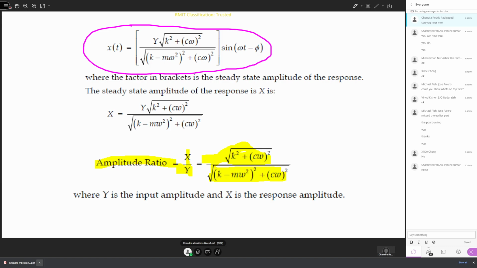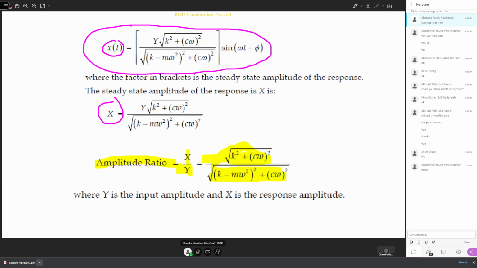So from here, the magnitude or the amplitude of the response x, the maximum value of this x, happens when sine theta is 1. So the maximum value for sine omega t minus phi is 1.